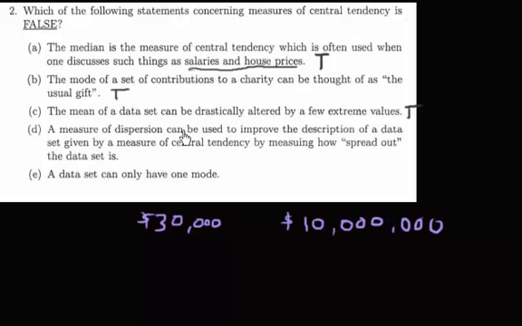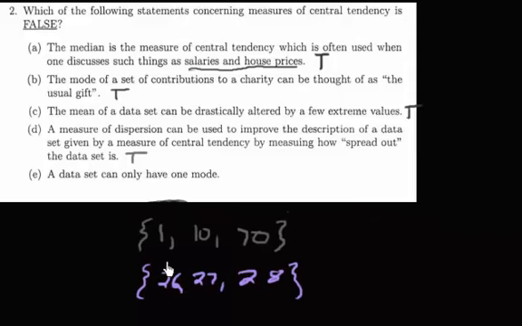A measure of dispersion can be used to improve the description of a data set given by a measure of central tendency by measuring how spread out the data is. Which is true. It's a reason why we introduced the measure of dispersion, because you've probably seen examples such as these two sets down here, where if you were to average these two sets together, in both cases the mean is going to be 27.